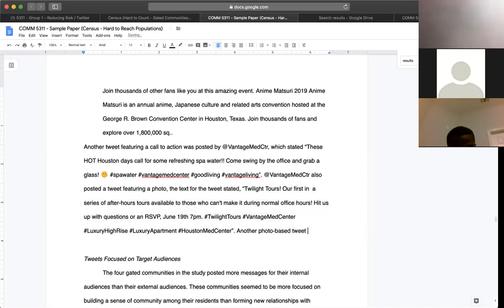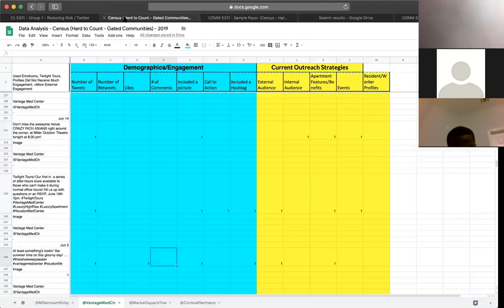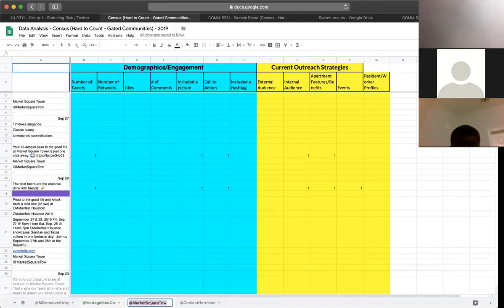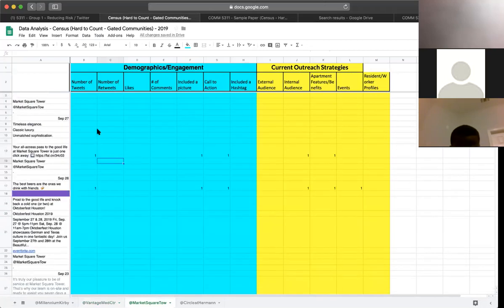photo-based tweet was posted by, let's pick one, we'll just do Market Square Tow. And photo tweets, let's see, maybe this one.